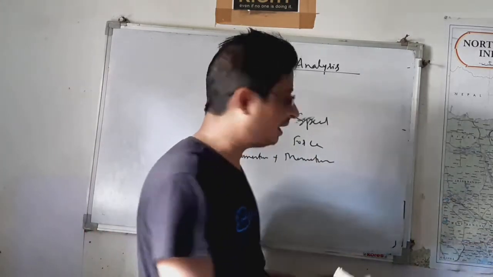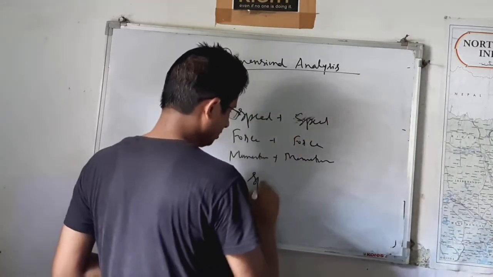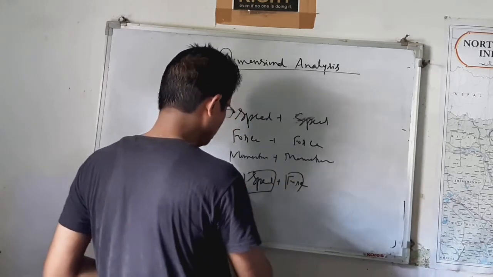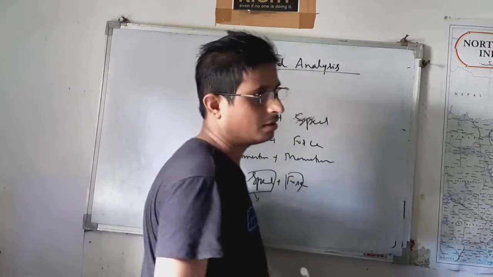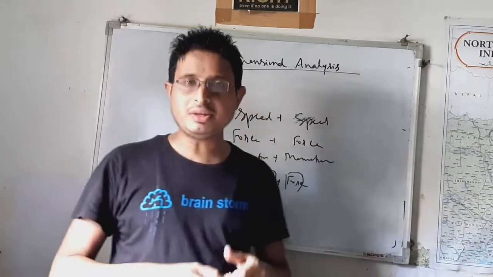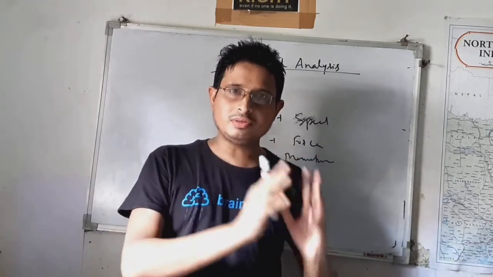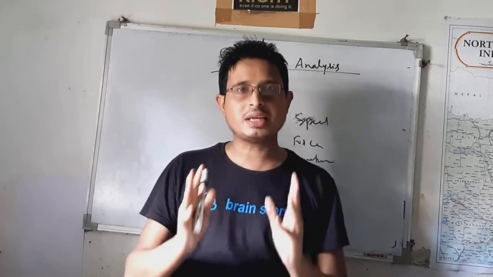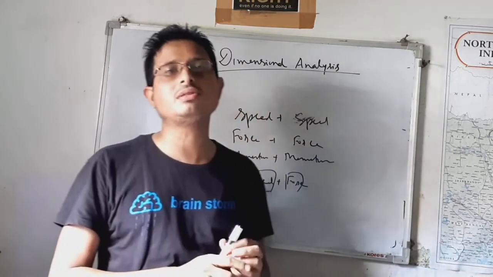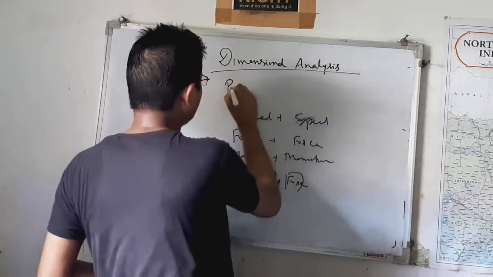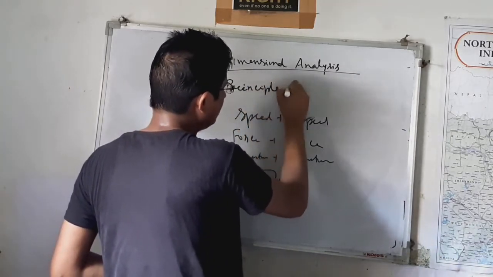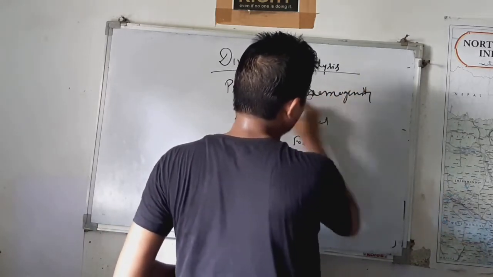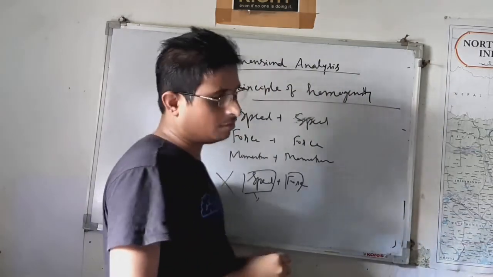But we cannot add speed with force, because these two quantities have different dimensions. So we can add or subtract two physical quantities only if both have the same dimensions. This principle is known as the principle of homogeneity.